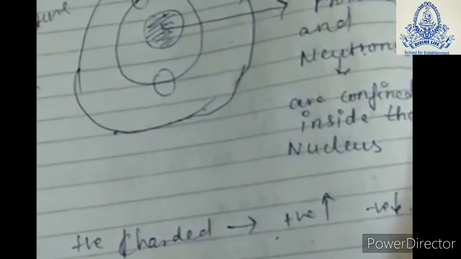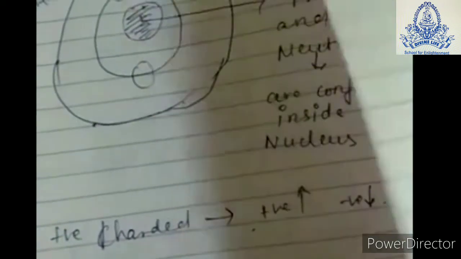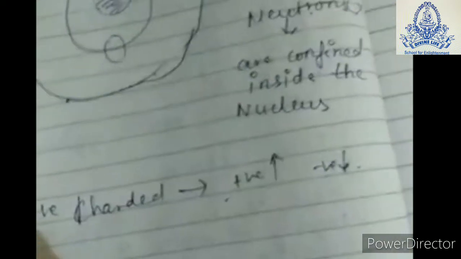So a body becomes positively or negatively charged because of electrons.